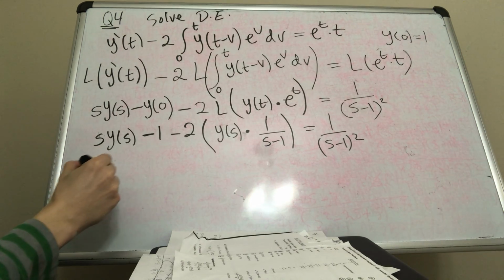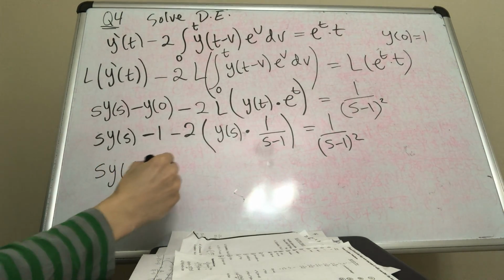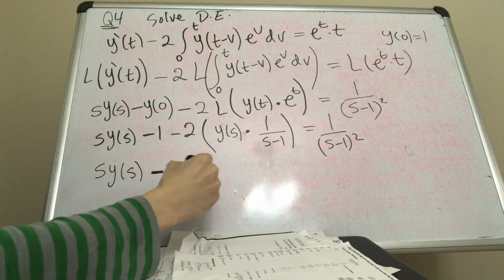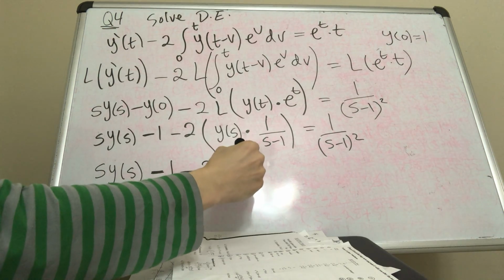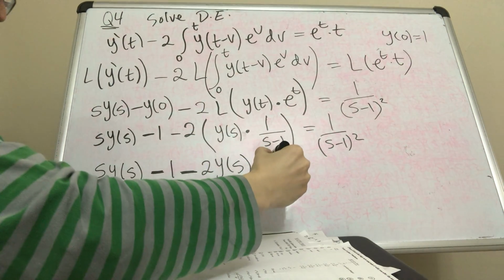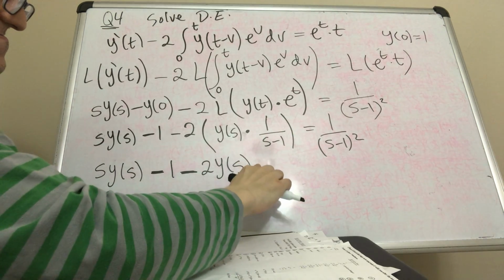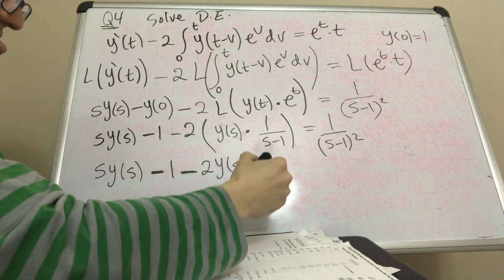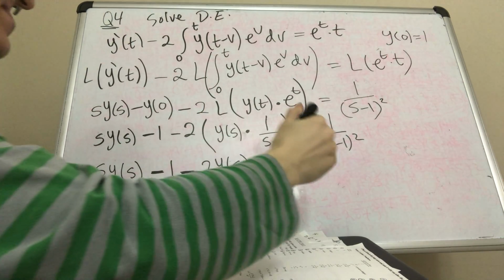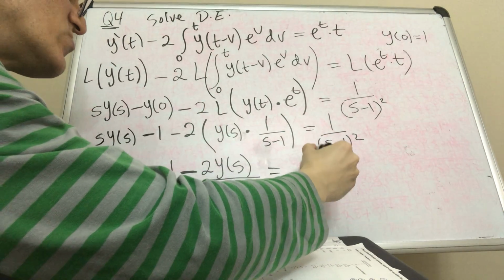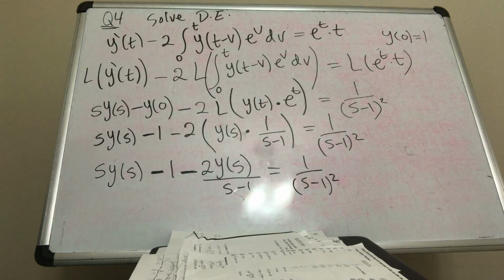Okay, we continue with this. Take the 2 inside, so you have 2 y of s over s minus 1, because these two are multiplied. And here you have 1 over s minus 1 squared.